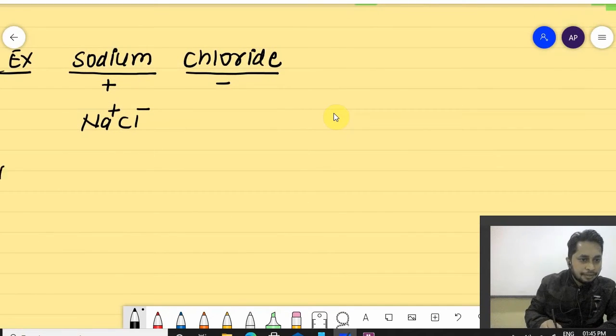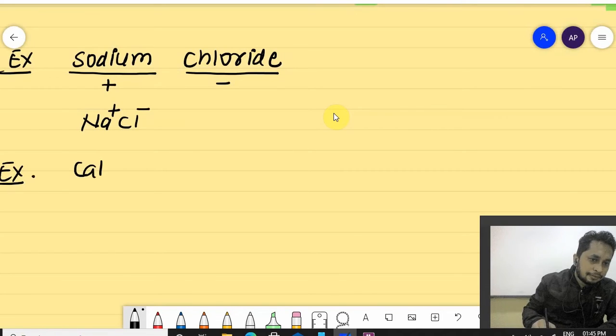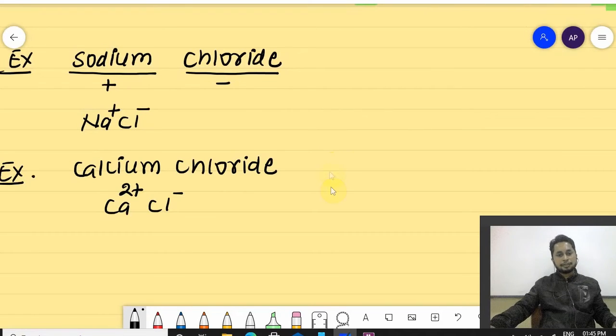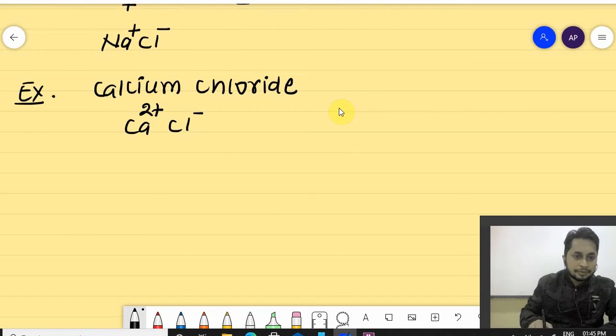But if the compound is calcium chloride, the symbol for calcium is Ca with double plus, and chloride is Cl with single minus. Then what do we need to do?